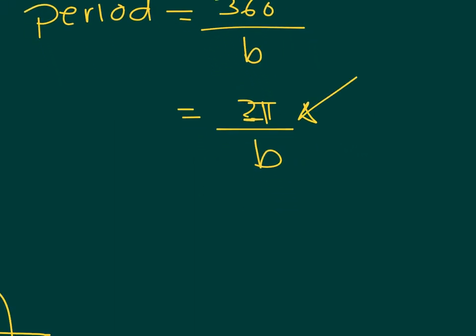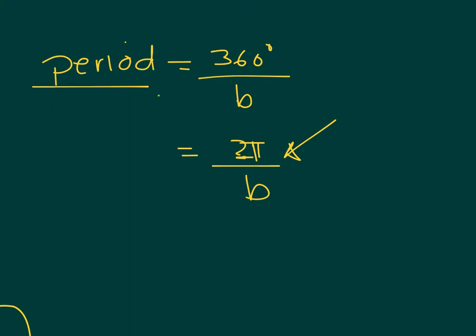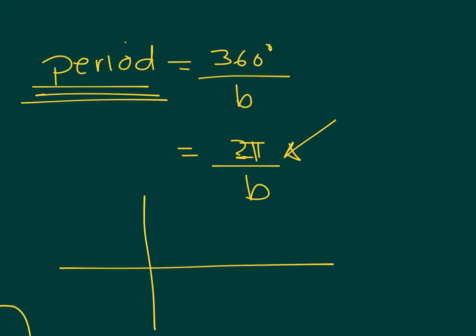Okay, so what does it mean by a period? Like when the graph starts repeating itself. Repeating itself. Okay, so we can start anywhere on the graph, but the best way to get a starting point is when you have the point at 0, 0 or anywhere on the y-axis.